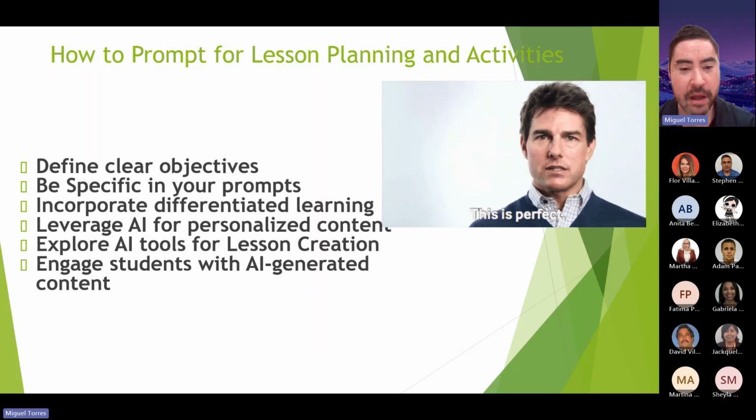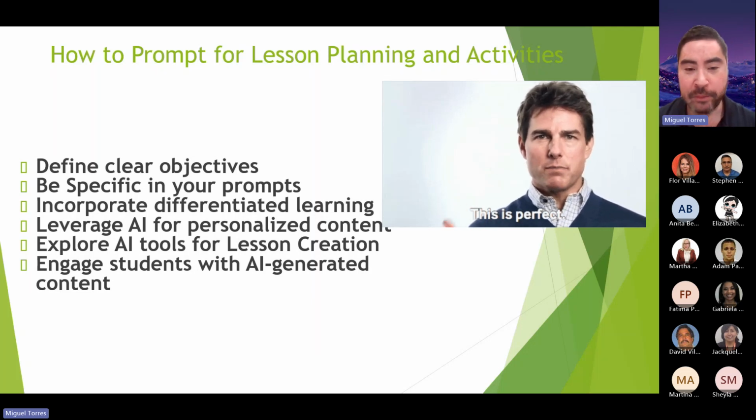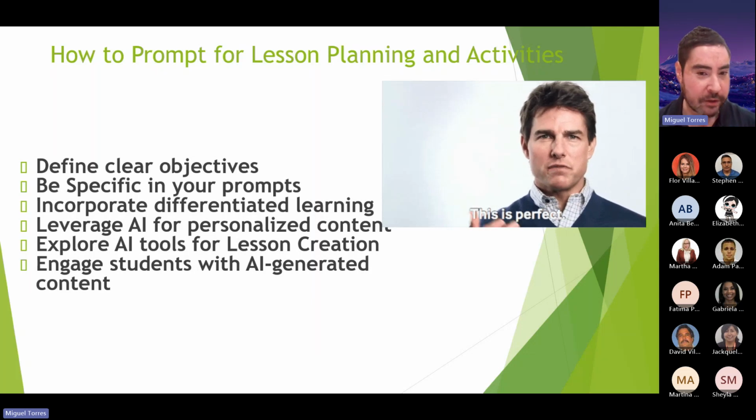I always say the word Lexile, depending on the students' verbiage and how much they can comprehend. You can say with a Lexile level of 900, under 400 words. You want to be specific, because if you're not specific, it'll just give you something general and something random. All right.